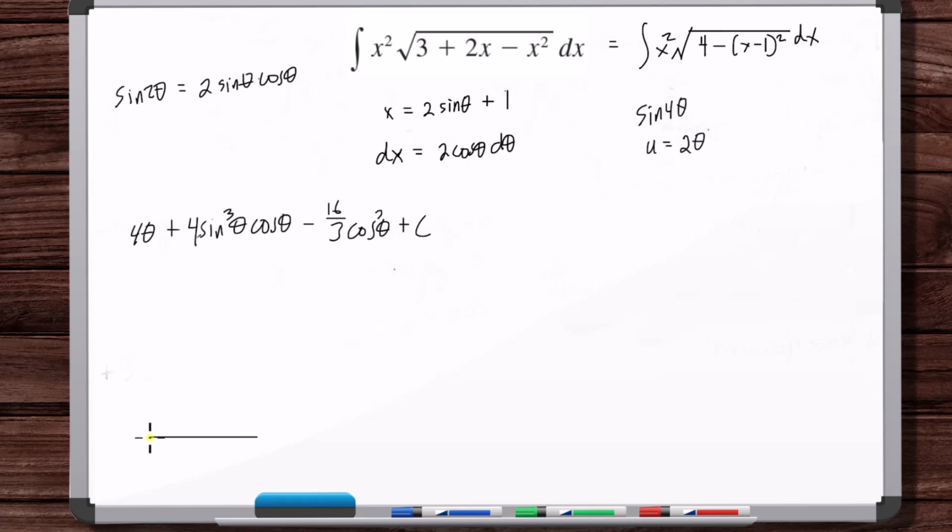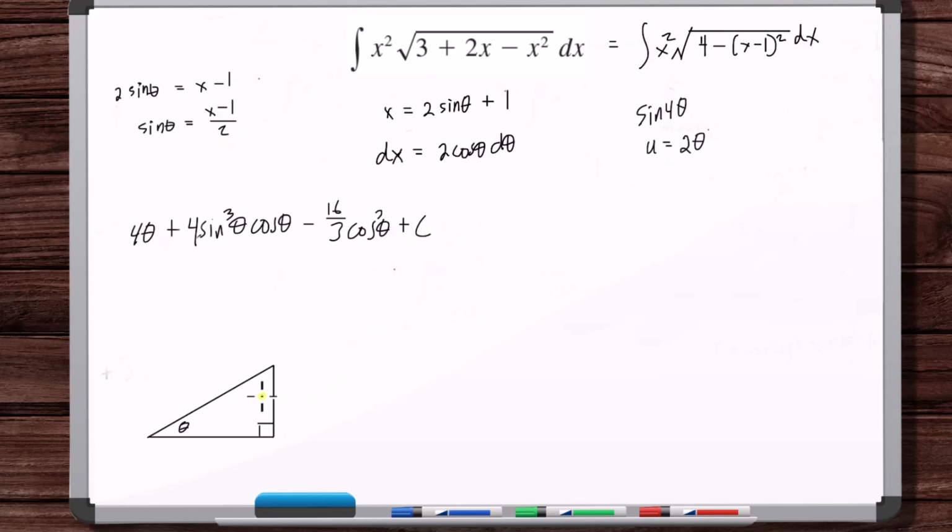So let's draw the right triangle. Okay, so 2 sine theta is equal to x minus 1. Sine theta is x minus 1 divided by 2.